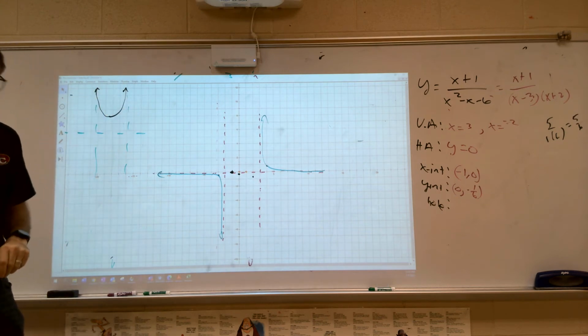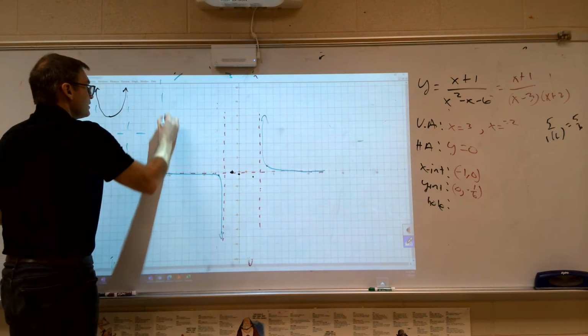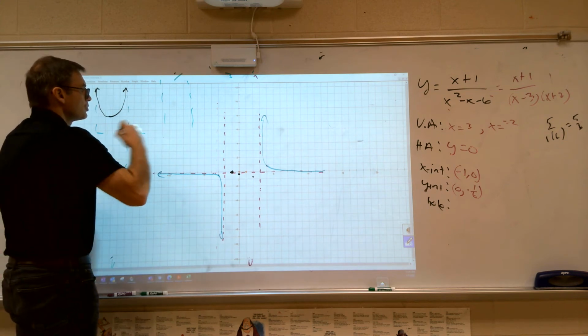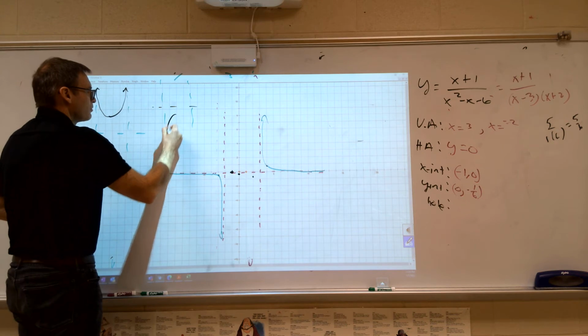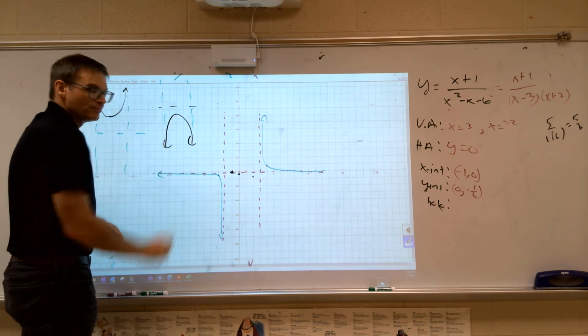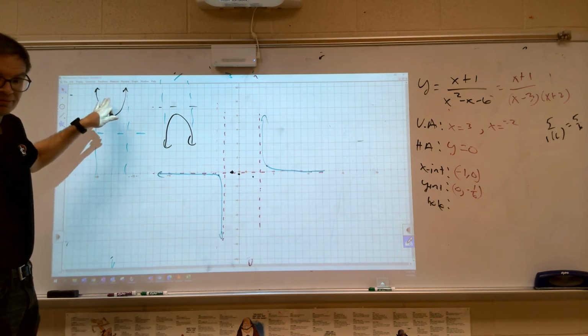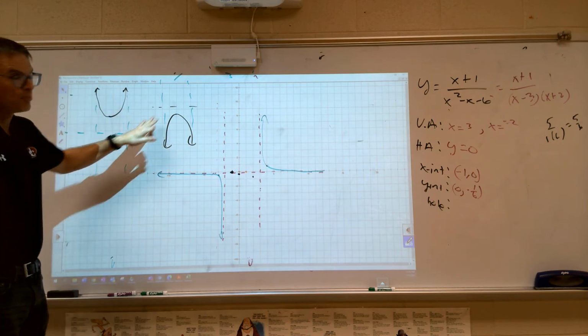That's one thing that can happen. Another thing that can happen inside 2 vertical asymptotes is, let's say that's your horizontal asymptote, you could have a parabola looking thing that curves down. So in between vertical asymptotes, you can either have something that curves up or something that curves down.